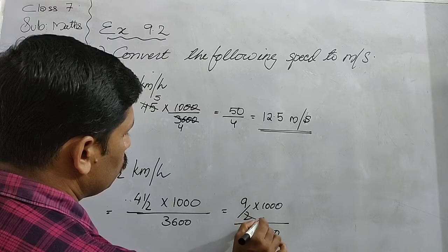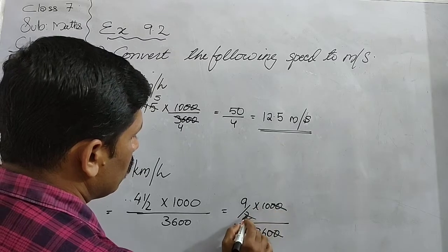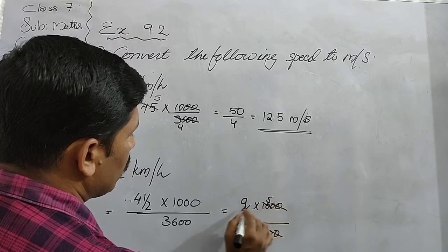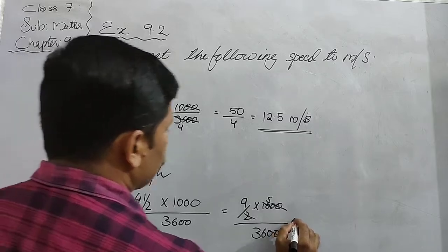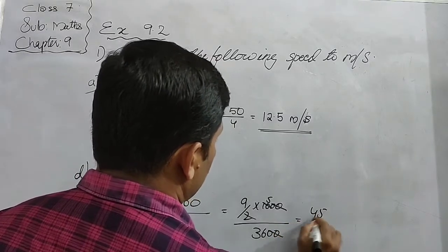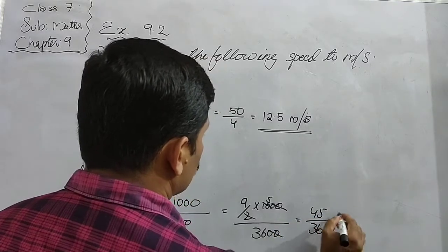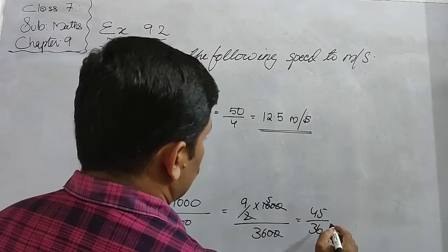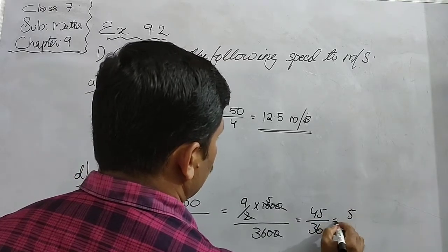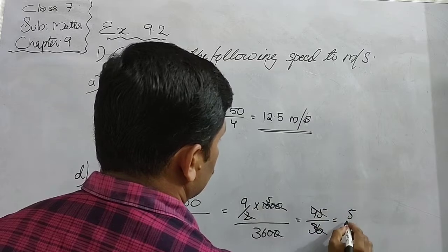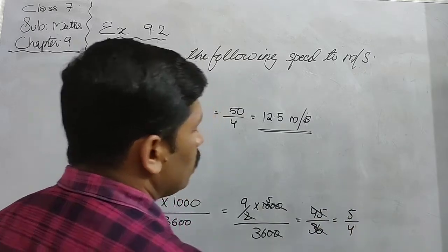Here students, we can cut the two zeros, and 2 and 10 we can cut to 5. 9 5s are 45. 45 upon 36, that also we can cut by 9 itself. 9 5s are 45 and 9 4s are 36. That means 5 upon 4.